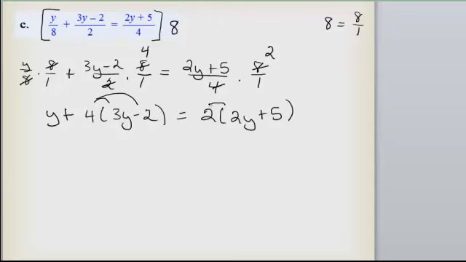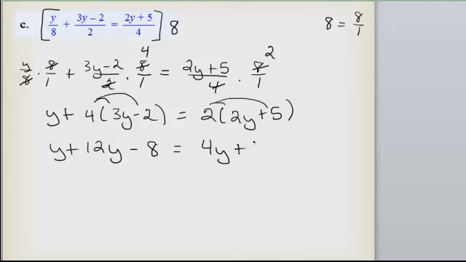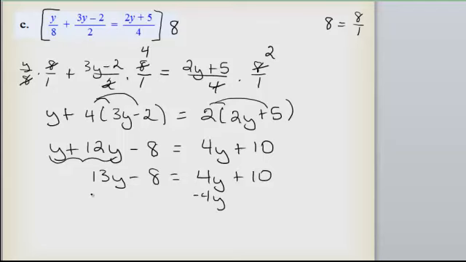Go ahead and distribute, get rid of your parentheses. Combine like terms that are already on the same side. Collect all of your y's on the same side.